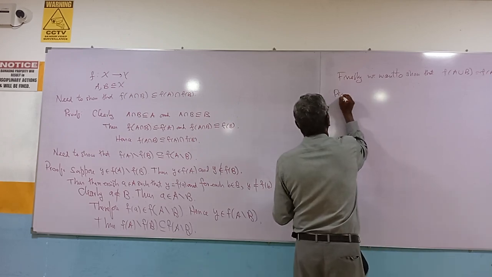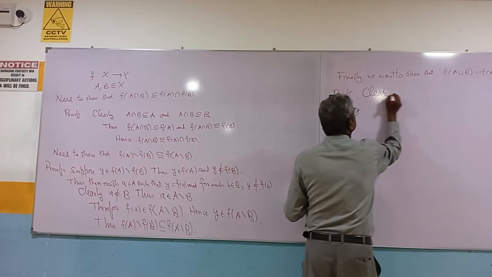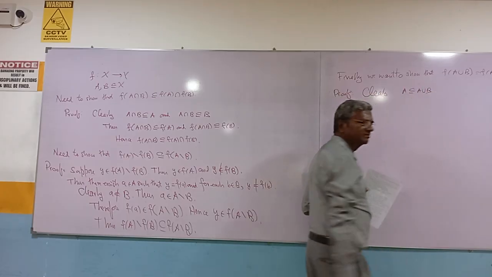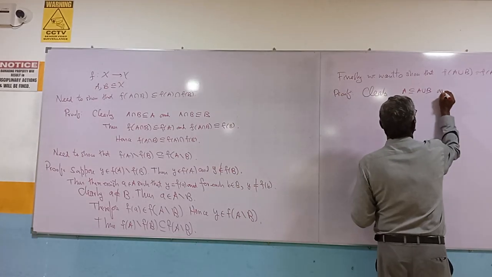Proof. Clear. A is a subset of A union B. Agree? And B is a subset of A union B also.